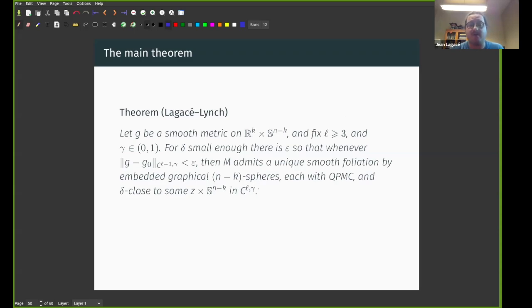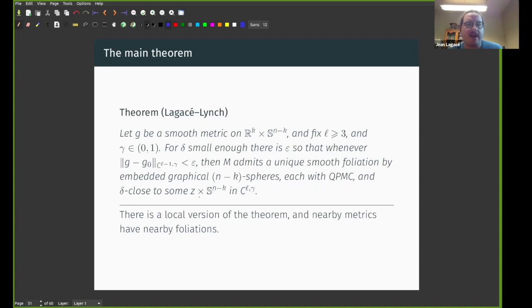Each of them has quasi-parallel mean curvature and will be close in the C^{l,gamma} norm to the actual round sphere. And again, this closeness is in the fact that if I'm U of omega, then it's in the distance between this U and the constant U equal to zero.